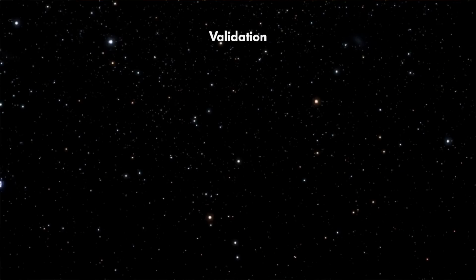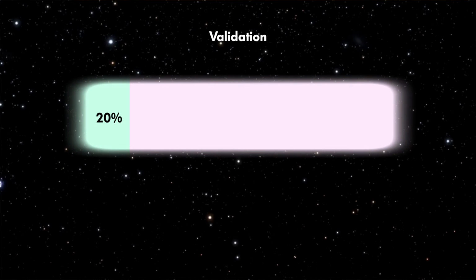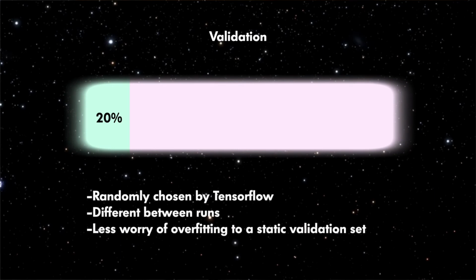For a validation set, we chose to do 20% of the overall sample, chosen randomly by TensorFlow every time the model runs. This helps us to not overfit on a static validation set as we're tweaking different data and model parameters. And so we have about 20 gigabytes of training data in cutouts, and this model is 3 million parameters, which creates a compute power issue.